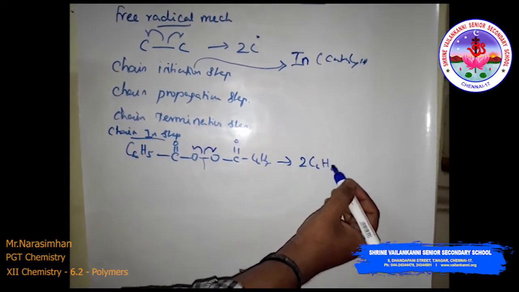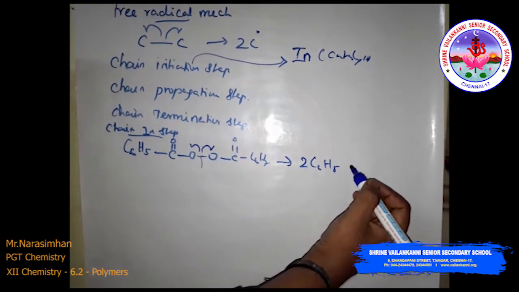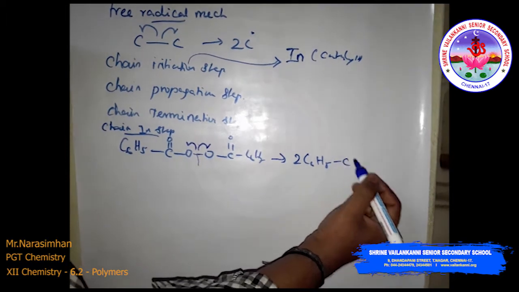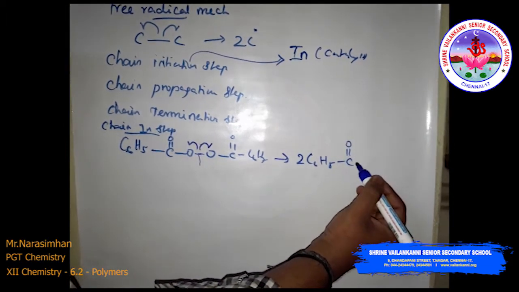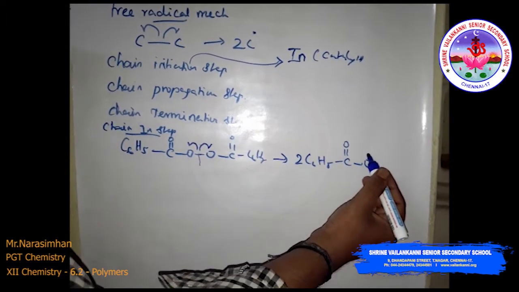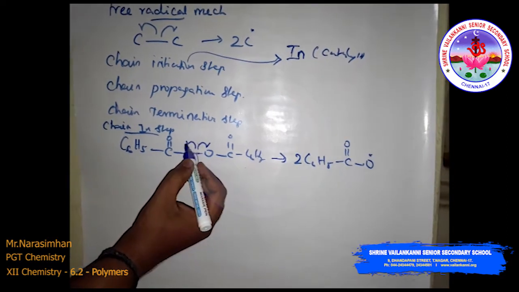This is a homolytic cleavage, so that radicals are formed, giving two C6H5 C double bond O O radicals. One electron is shifted here.